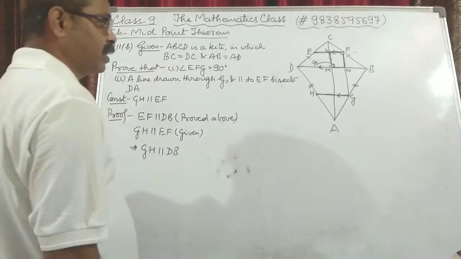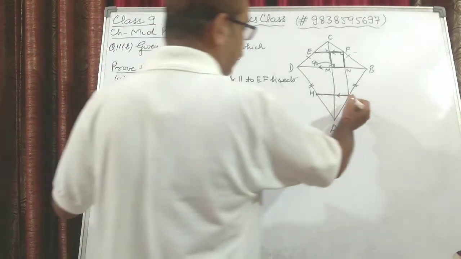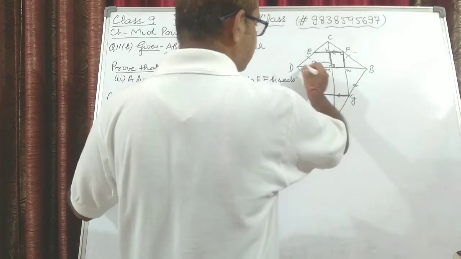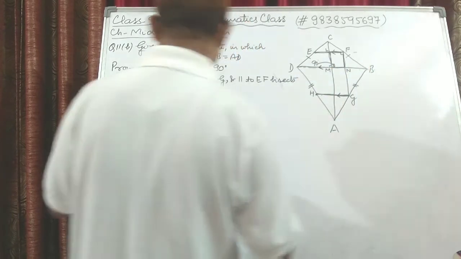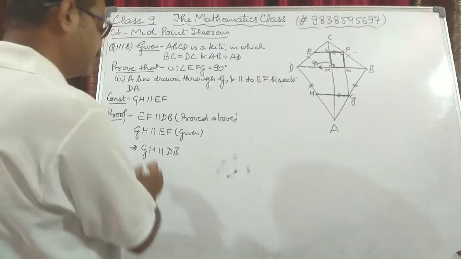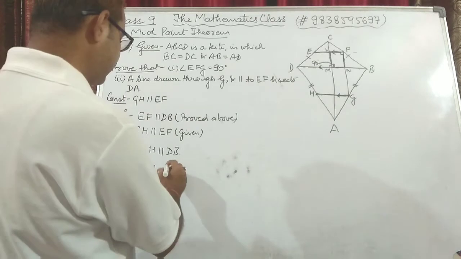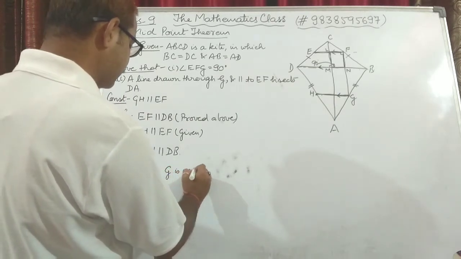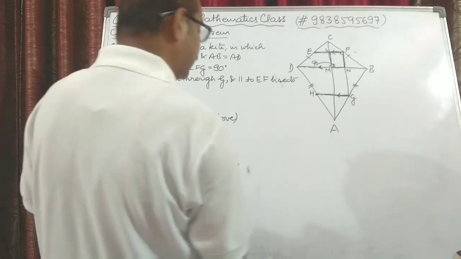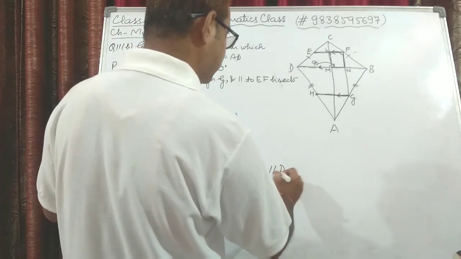Now, if GH is parallel to DB, according to the converse of midpoint theorem, we know that if a line is drawn from the midpoint of one side of a triangle and is parallel to the second side, it bisects the third side. So we will say that in triangle DAB, it is given that G is the midpoint of AB, first point, and second it is given that HG is parallel to DB.